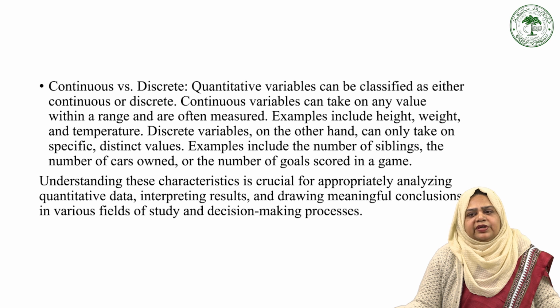Examples of continuous variables include height, weight, and temperature. On the other hand, discrete variables can only have specific values that are distinct from each other. For example, the number of siblings one has, the number of cars owned, or the number of goals scored in a game are all examples of discrete variables.